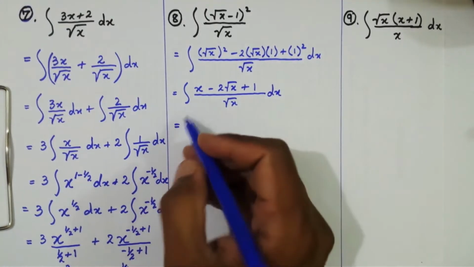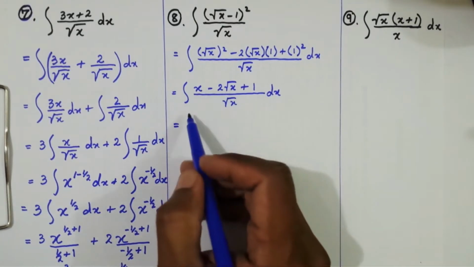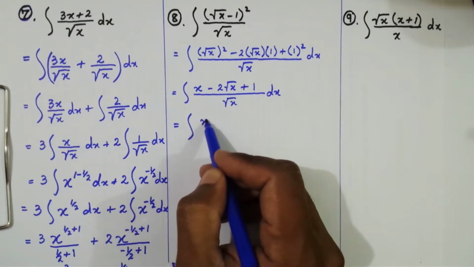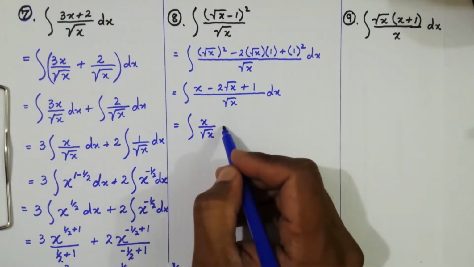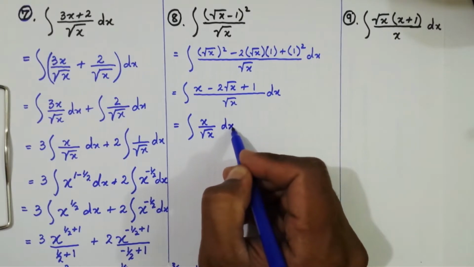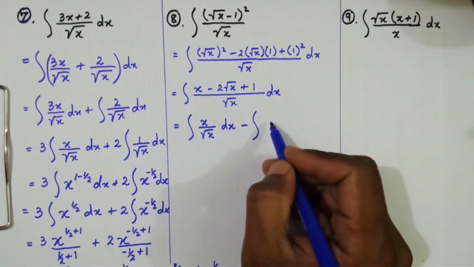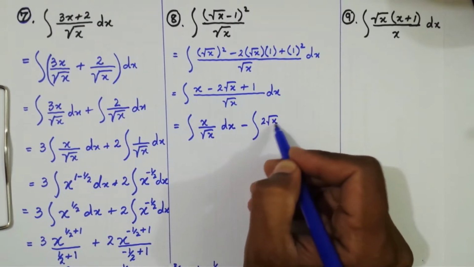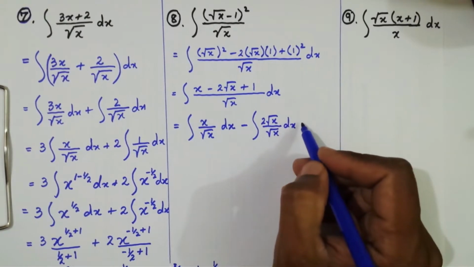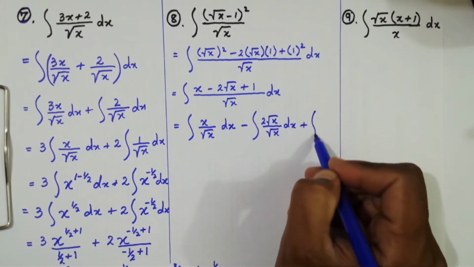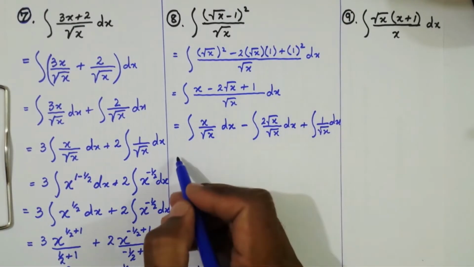Now we are going to divide the denominator with each term of the numerator: x by root x, also applying the integral sign with each term separately, 2 root x by root x dx plus 1 by root x dx.